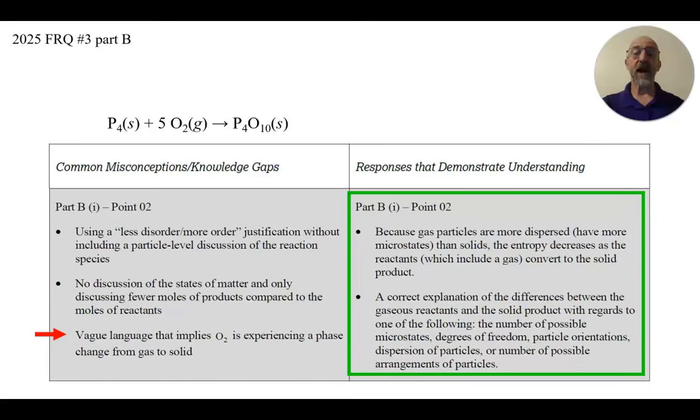And students did not earn the point for a response with vague language about gas to solid that actually implies that it was the oxygen experiencing a phase change from a gas to a solid, which is not what's happening in this chemical reaction. I just wanted to give you examples of student mistakes to help you avoid those types of mistakes on the free response section of the AP Chemistry exam.